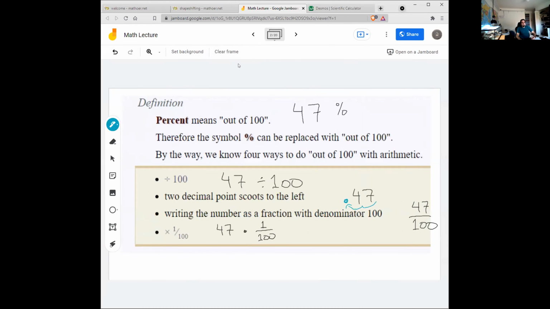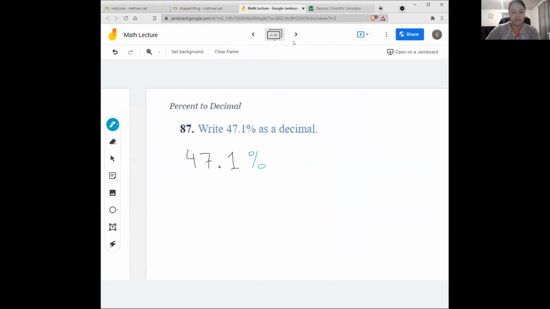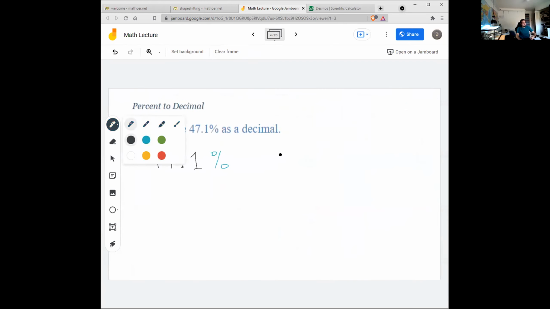Which of these will be the easiest thing to replace it with? Would it be the second one? The 2 one. Decimal points? Yeah, scooting is really easy.